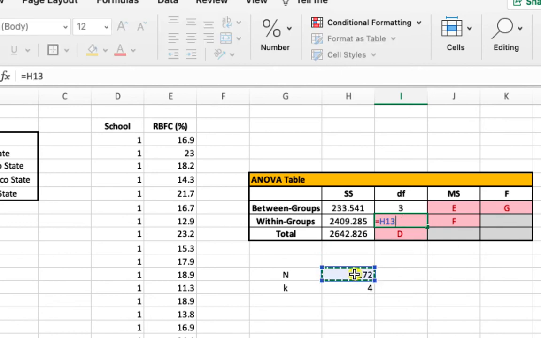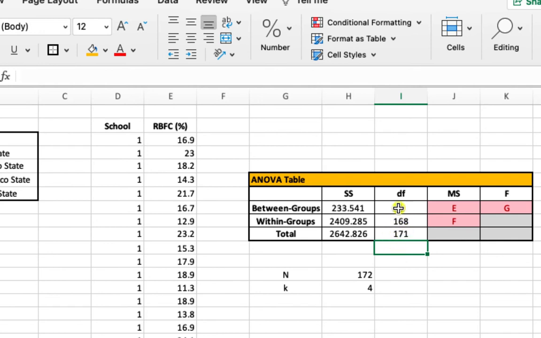So this will be 172 minus 4. And then our final degrees of freedom is going to be equal to our total sample size minus 1. So we can say 172 minus 1. And we've got all of our degrees of freedom calculated now.